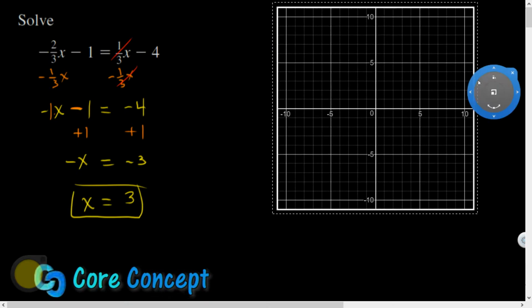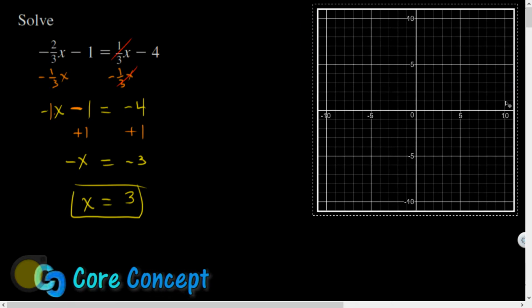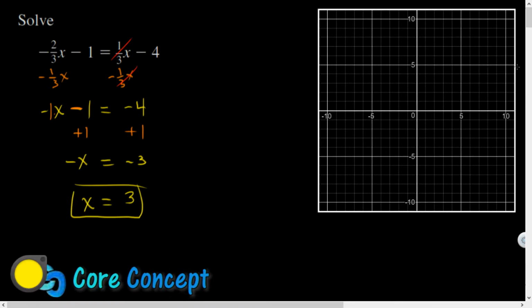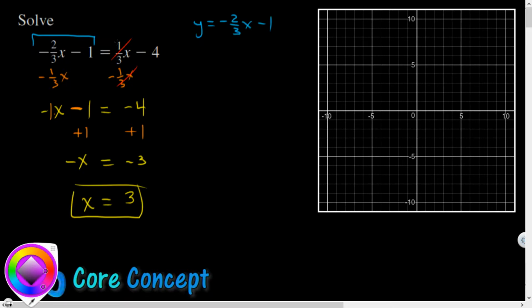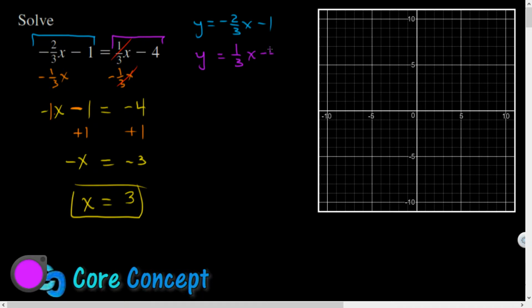But let's see what graphically this would look like. They're saying the following. Instead of solving algebraically, let's take this piece here and write that as y equals negative 2/3 x minus 1. And let's take this piece here and say y equals 1/3 x minus 4.